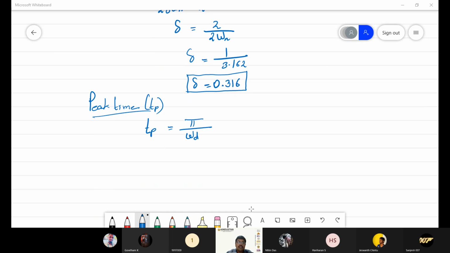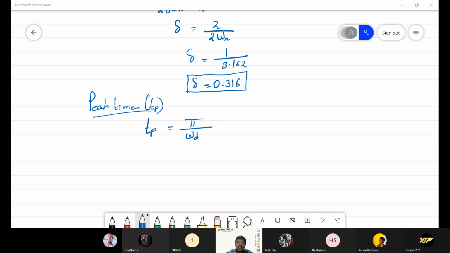How can we find omega d? There is a relation while we derived. We have the relationship between omega n, del, and omega d. While substituting that in the relation, we can get it. Do you remember the relationship between omega d and omega n?